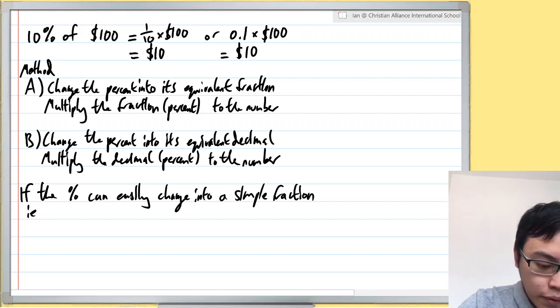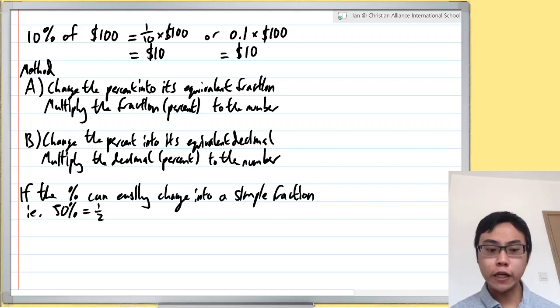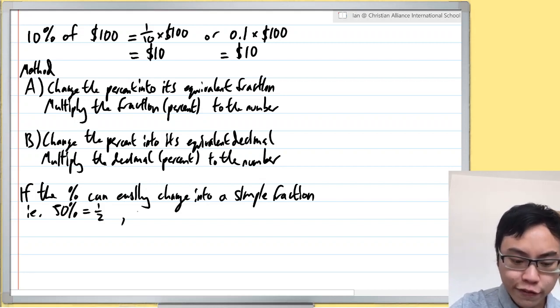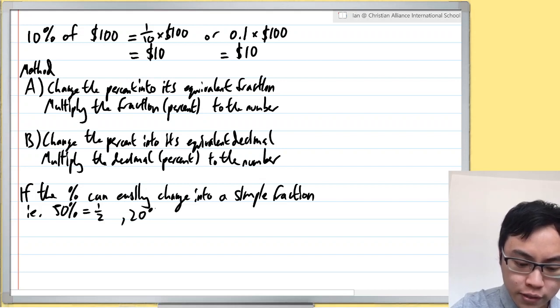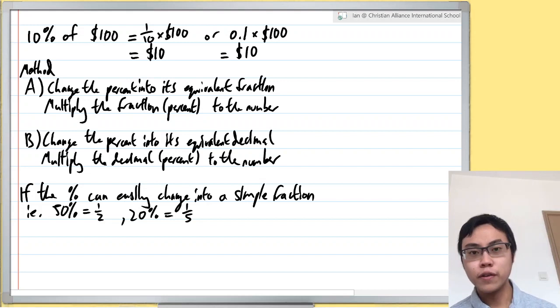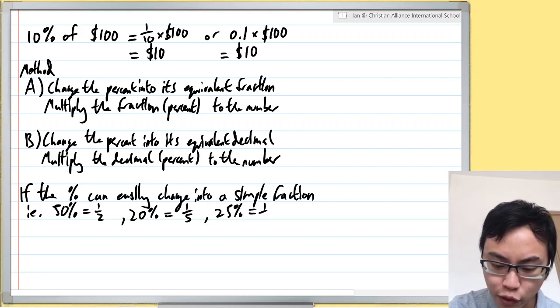So for example, if we have 50%, that is the same as half. That is an easy fraction. If I have other well-known easy percents, if I have 20%, 20% is the same as 1/5. We can also have 25%, which is the same as a quarter.